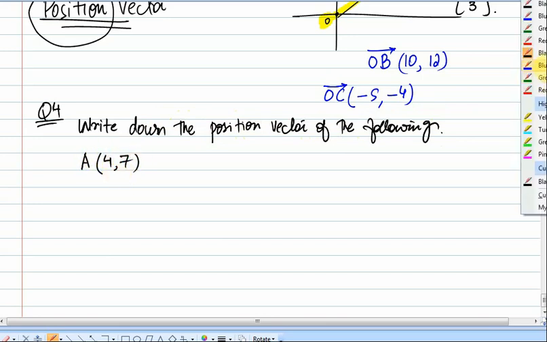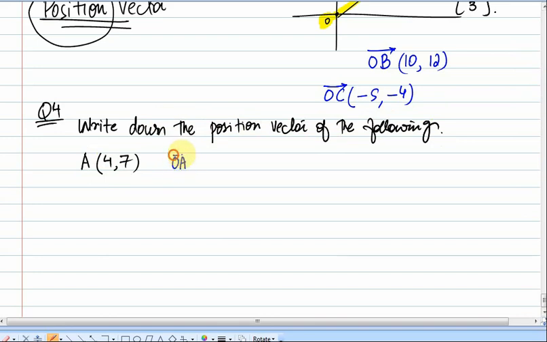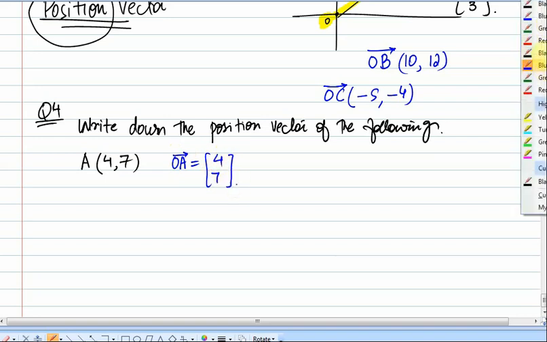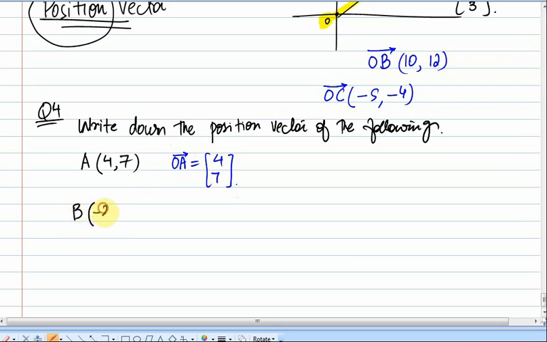I need to write down the position vector, so I will say that it's OA and the position is (4, 7). That is the position vector. So after part A, you need to do part B, which says B (-2, 5), C (6, -1), and D (-4, -9). Write down all the position vectors now.